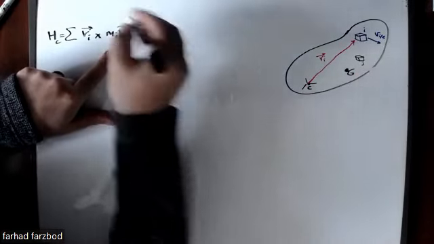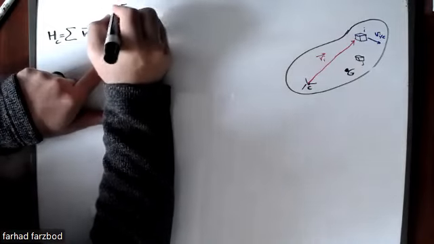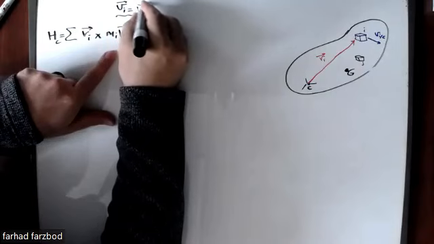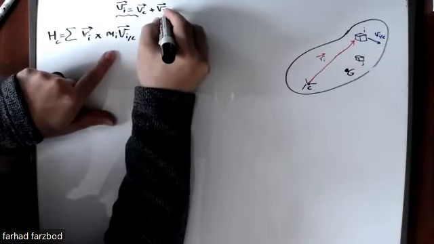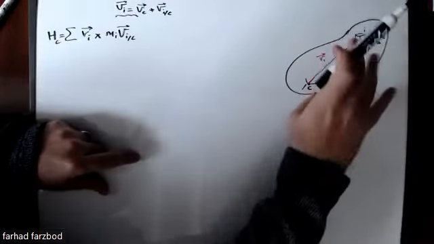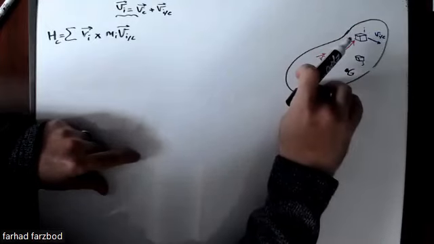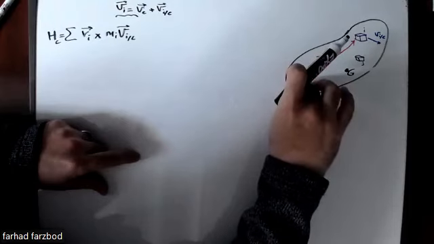In fact, the velocity of I is the velocity of C plus that relative velocity. So we want to take this velocity of C out of the picture because we want to calculate angular momentum around C if we have a coordinate system there.